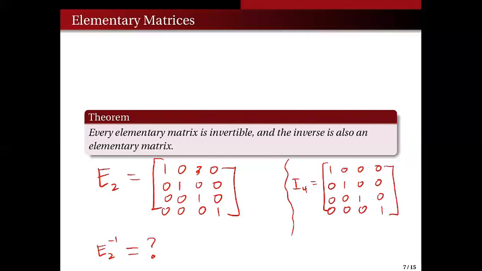What elementary row operation should we apply on I4 to get E2?